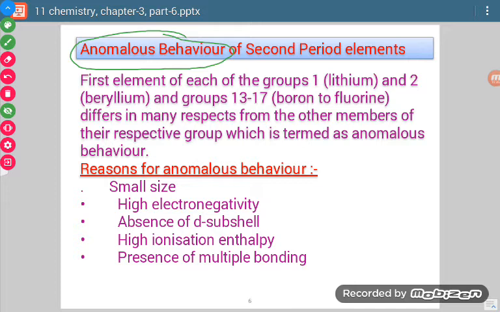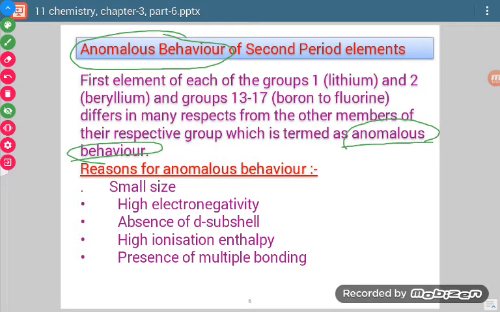So the first element of each group shows some properties which are different from other group members. So this thing is termed as anomalous behavior. Okay, now the question arises, why this anomalous behavior is found, or we can say why representative elements, first element of all representative elements groups, they show this thing.